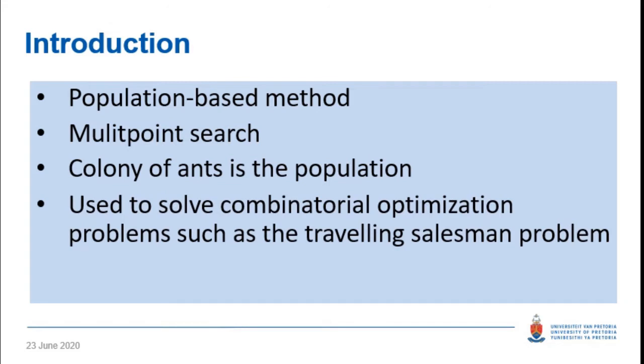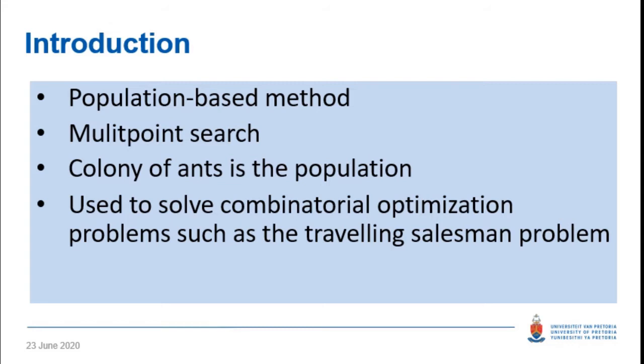So ACO has been good at solving combinatorial optimization problems, but specifically discrete combinatorial optimization problems. You also get continuous optimization problems. So a typical discrete optimization problem is something like the traveling salesman problem, which you looked at for assignment 1. And this problem essentially involves a traveling salesman that needs to get from one city to another.